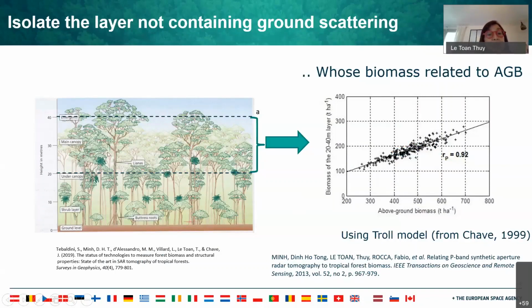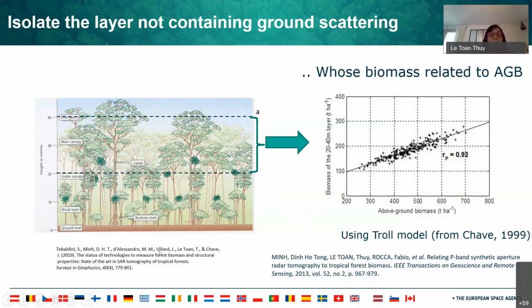Why is the biomass of this layer related to the biomass of the total area? We use a model describing the growth of the tropical forest. And then we see that this 20-40 meters layer, containing big crowns, big branches and so on, is well related to aboveground biomass.